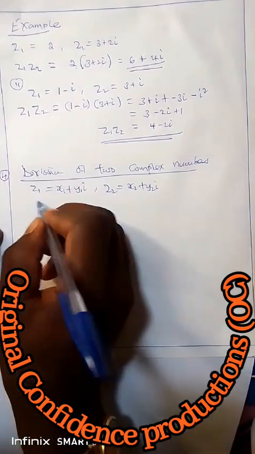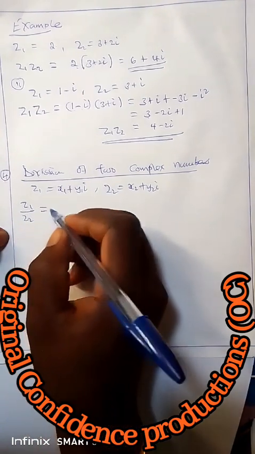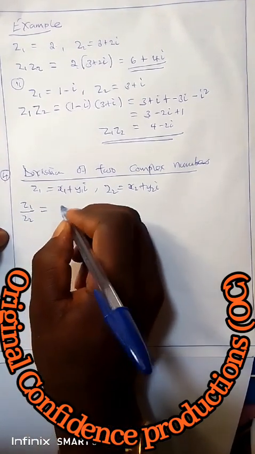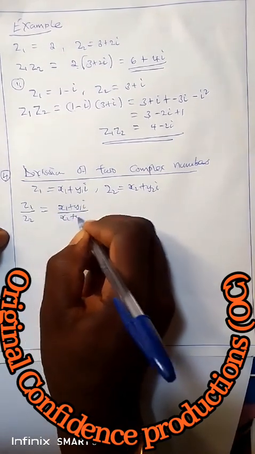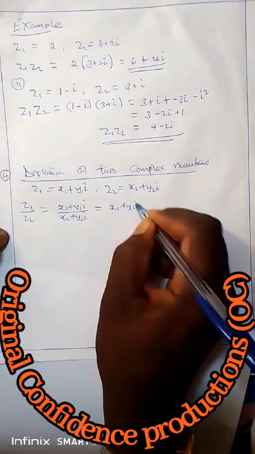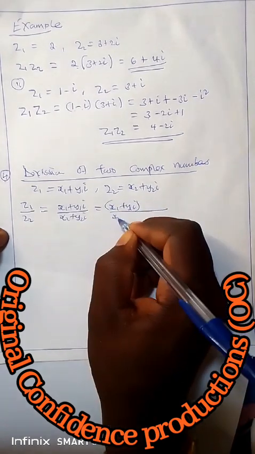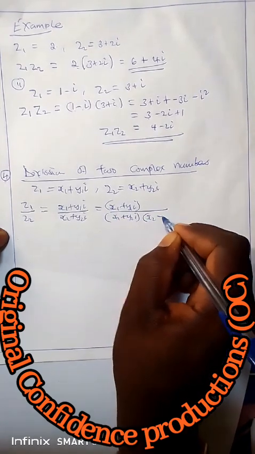And we shall say that this is z1 divided by z2. This becomes x1 plus y1 i over x2 plus y2 i. In this case, we have x2 minus.